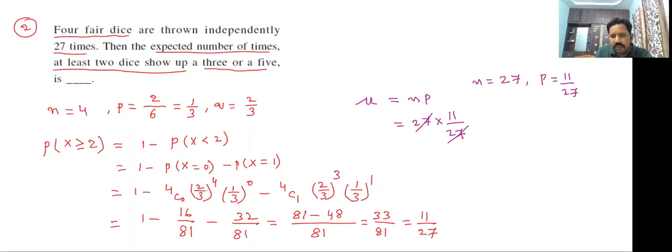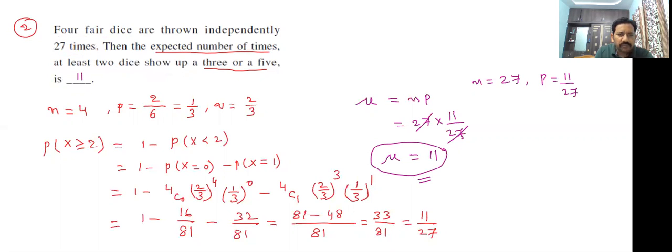So 27 cancels. Answer is 11. So the expected number of times, that is the mean, is 11. This is also a numerical value type question. What is the answer? 11. So that means we can write the answer as 11.00. Students, all of you understood now?